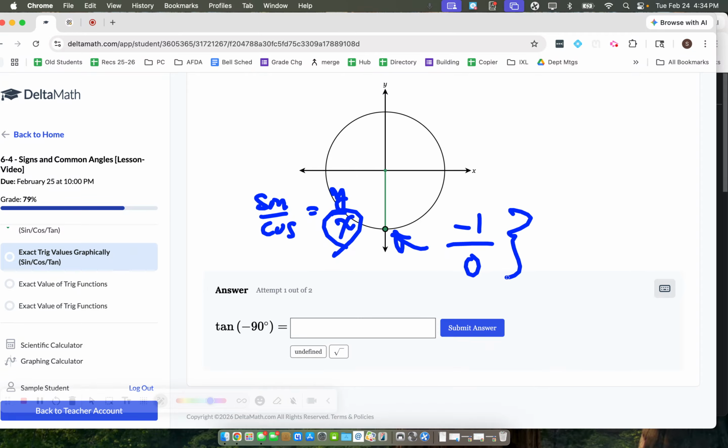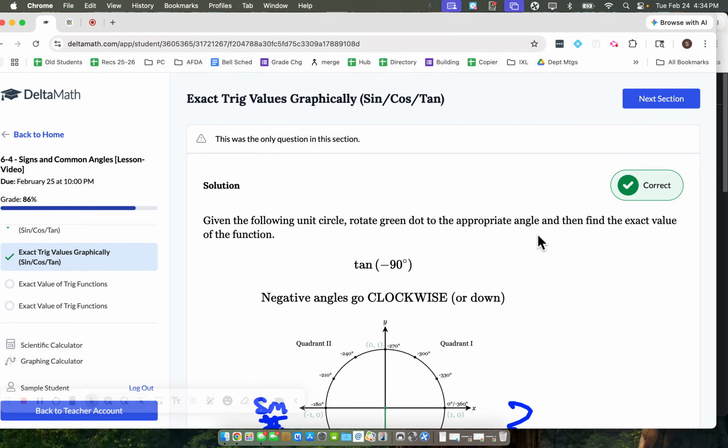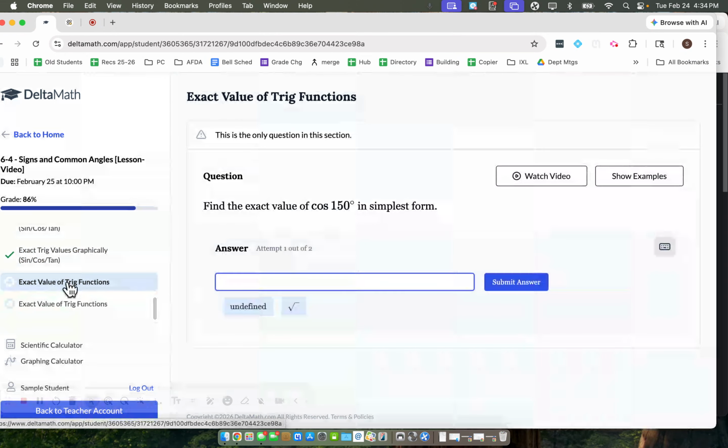Uh-oh, what do we call that? We call that undefined. Okay, so watch for tan and cotan. That can happen, where your denominator is 0.